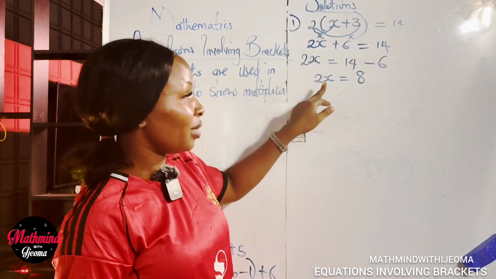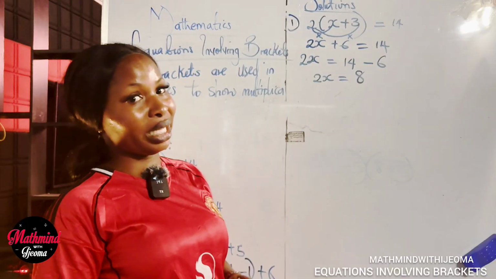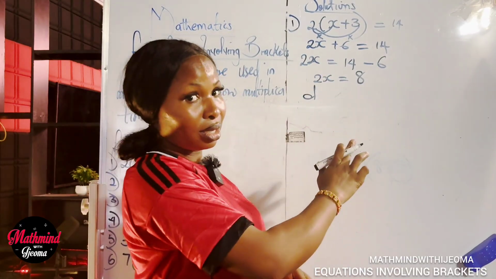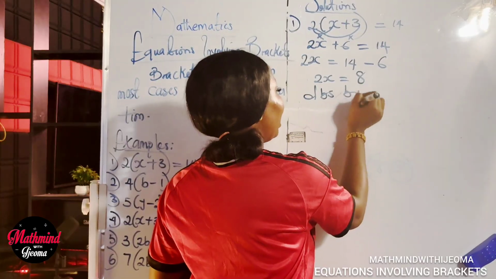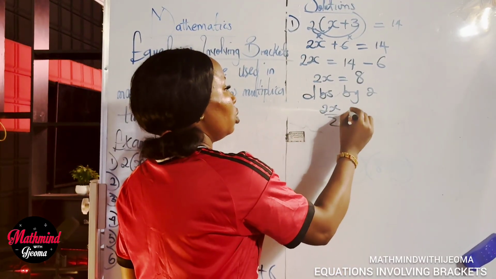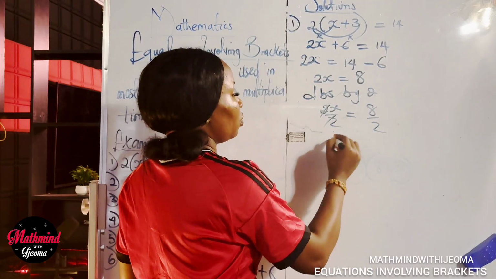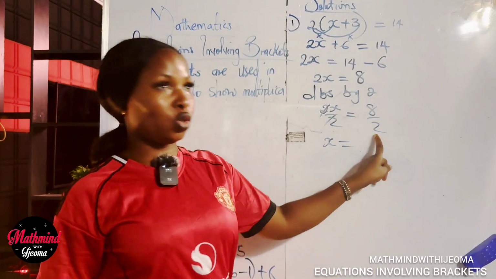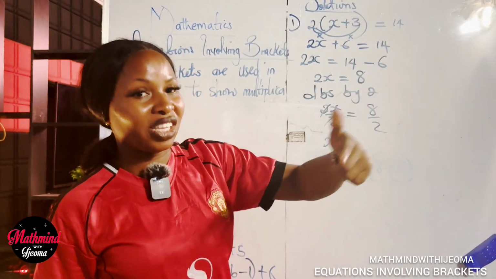So in this case, it's looking like the second rule. What do we do? Divide both sides by the coefficient of the alphabet. Coefficient of x is 2. So divide by 2. So you have 2x over 2 equal to 8 over 2. x is equal to 8 divided by 2. How many 2's are in 8?